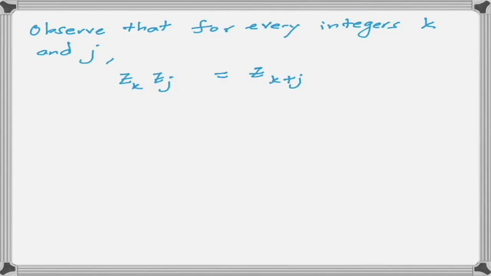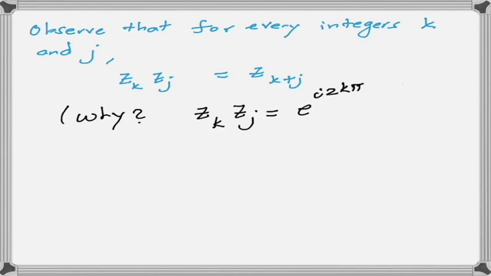This is not difficult to prove. In fact, it is a consequence of complex multiplication and the laws of indices. But let us see a quick proof of this. So we have Zk times Zj is equal to, recall that Zk is equal to e to the power i 2k pi by 10 and Zj is equal to e to the power i 2j pi by 10.